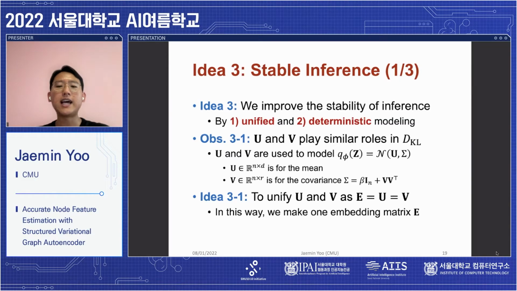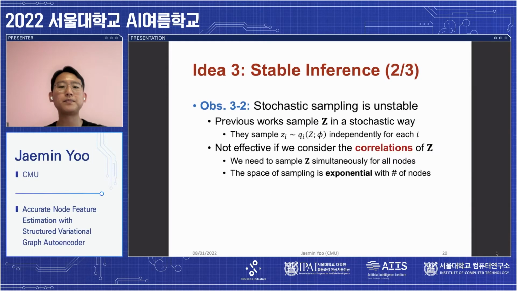I skipped this in these slides because of the limited time, but we can see from the KL divergence term that these U and V matrices have very similar roles. So our first idea is to unify those two matrices as a single embedding matrix E and generate this matrix from our encoder function instead of generating both U and V at the same time.